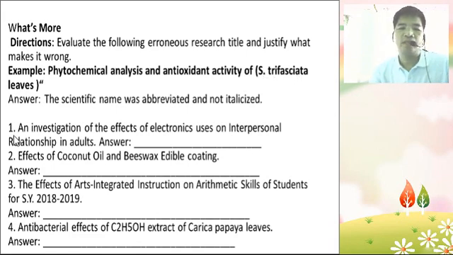Then, let's try number 1: "An investigation of the effects of electronic uses on interpersonal relationship in adults." What do you think makes this title erroneous or wrong? Will you try to analyze it?